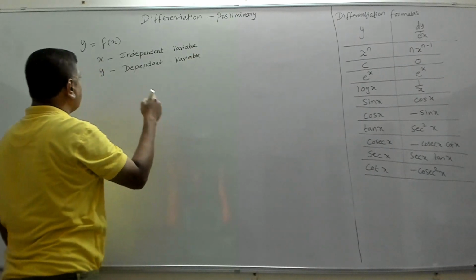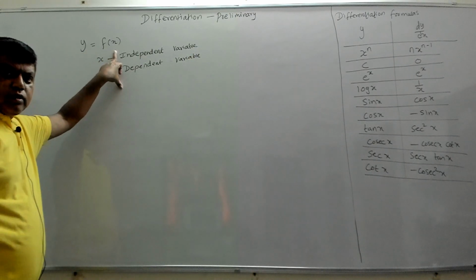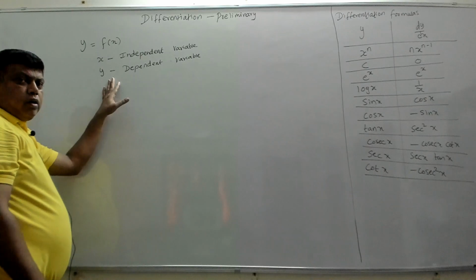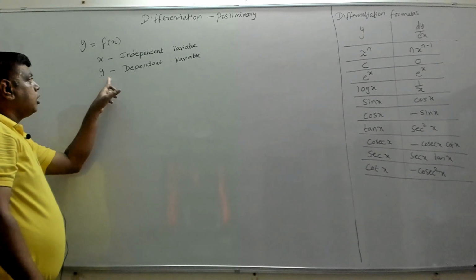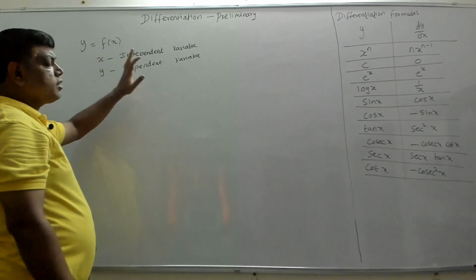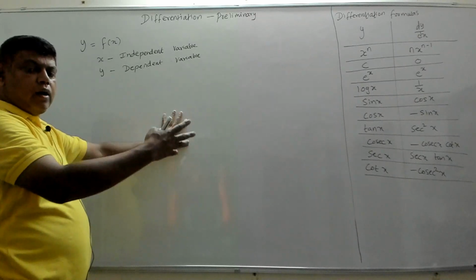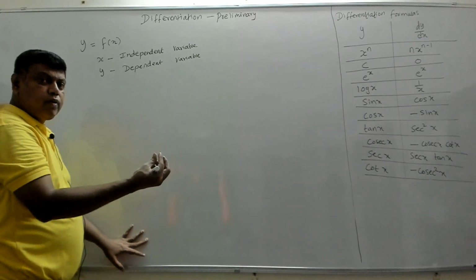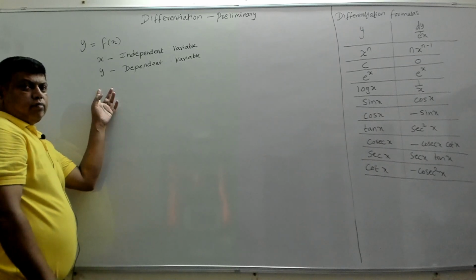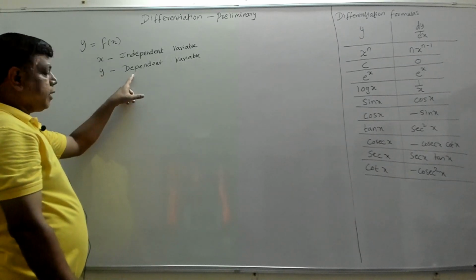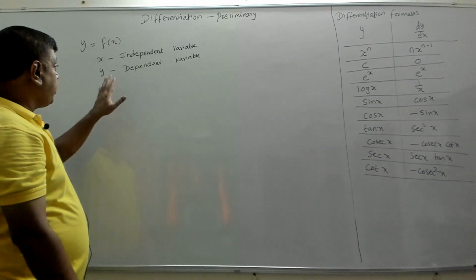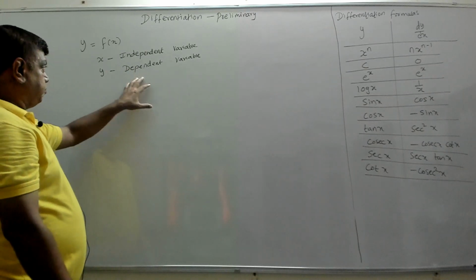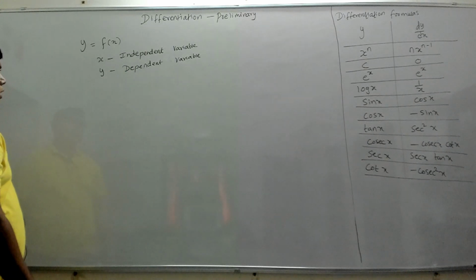So meaning the value of y depends on the value of x. That's why we call y the dependent variable and x an independent variable. We can have any value for x, and based on the value of x, the value of y is arrived at. That's why y is called the dependent variable and x is called the independent variable.